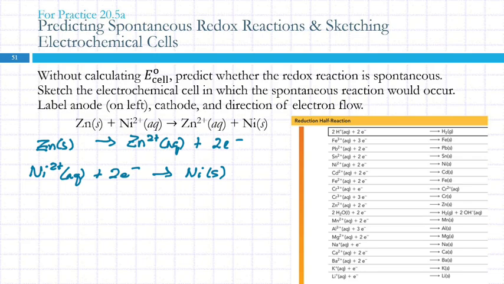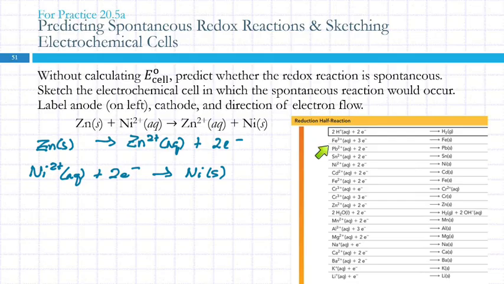On a previous slide, it said that if we pair a reduction with an oxidation that's below it in the list, that will be spontaneous. So you can kind of think of this as a priority list, like the FAA 765, who gets first choice.